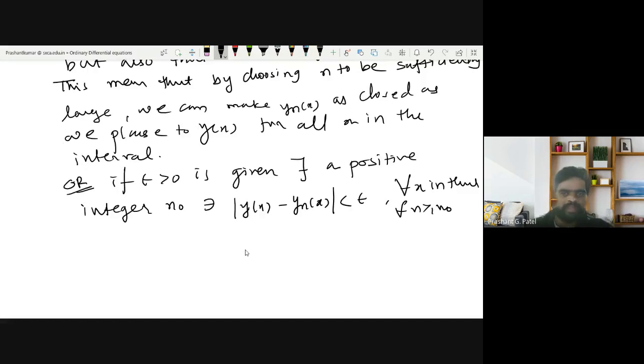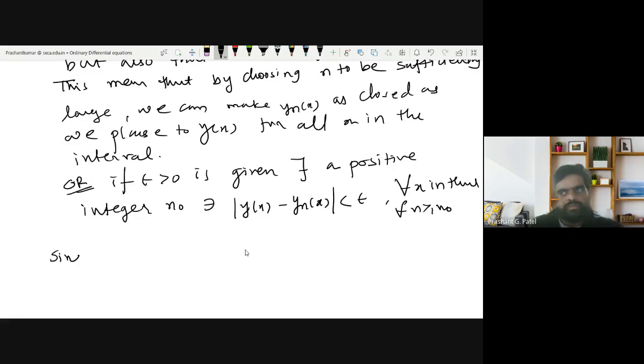And this n0 is independent of x. It only depends on epsilon. And under the uniform convergence, the continuity is preserved, that you have studied as a result in analysis.